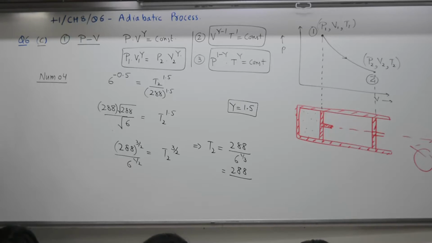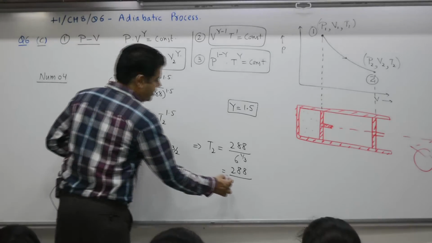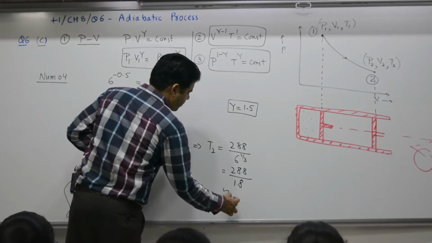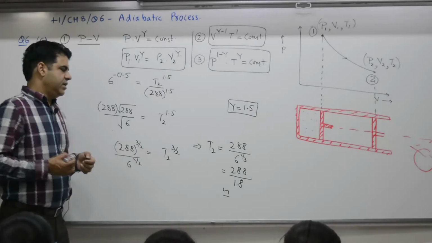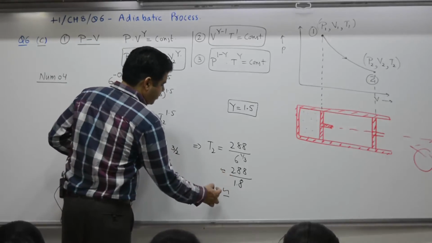Yes. 1.8 power 3 comes out to be? Approximately we can take it like 1.8. If I take it 1.8, 288 by 1.8 is approximately equal to what?